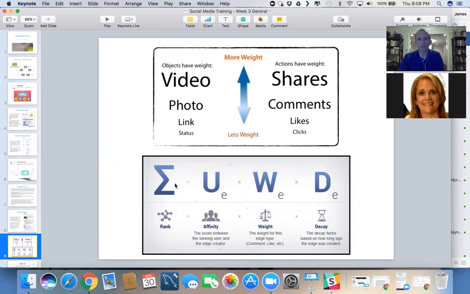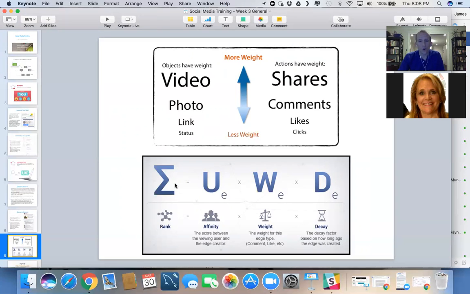So if you accepted a friend request in 2011, and you have not thought about them, spoken to them through Facebook, or sent them anything, and the only interaction you had with them was that initial acceptance, you have a very low affinity score with them, which means Facebook is not putting their stuff at the top of your feed.